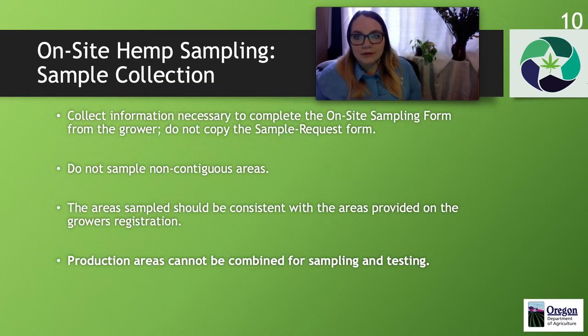So if you've ever received an email from a grower, it's really to have the grower correct those forms, so I can allow for better record keeping on my end. I've seen a lot of people just making up names, and like I said before, that totally does me no good, and it takes a lot of time for me to correct that. So another thing is production areas cannot be combined for sampling or testing.